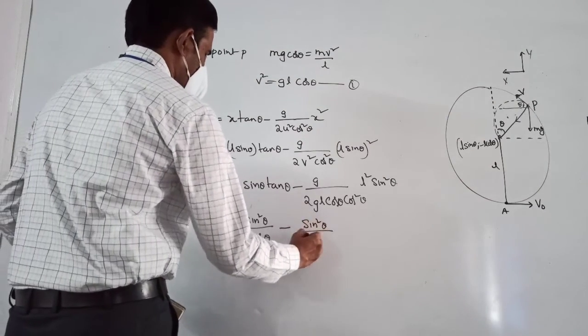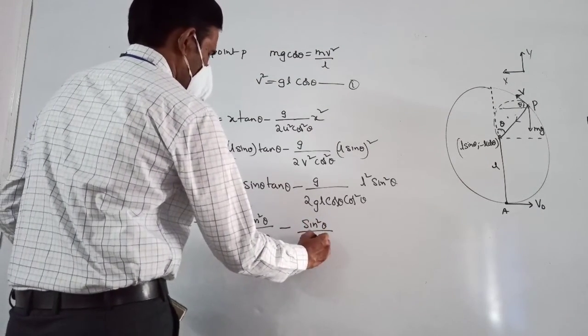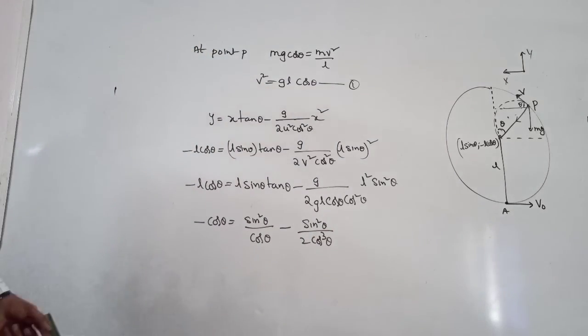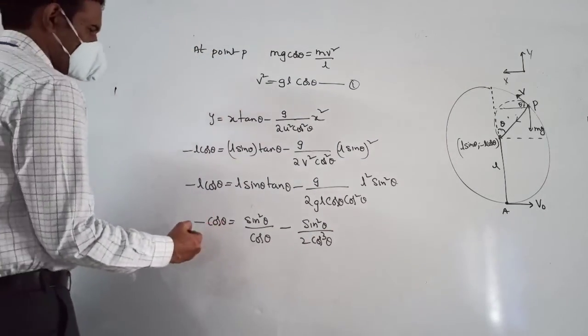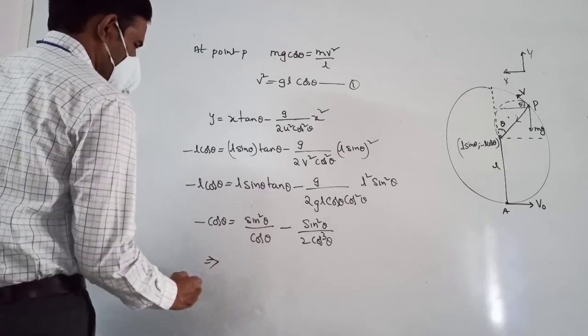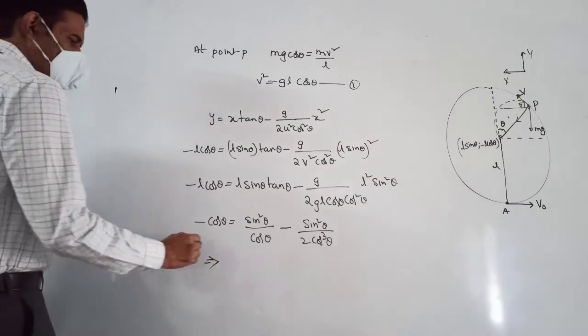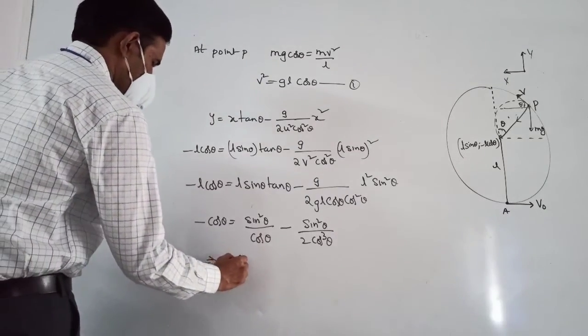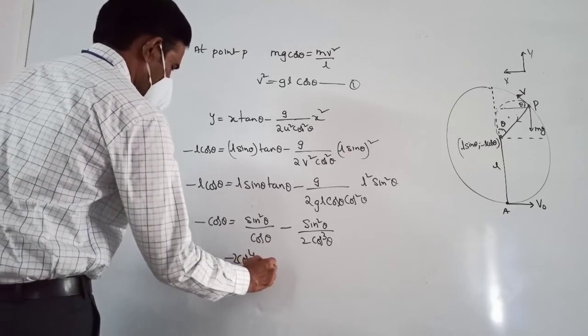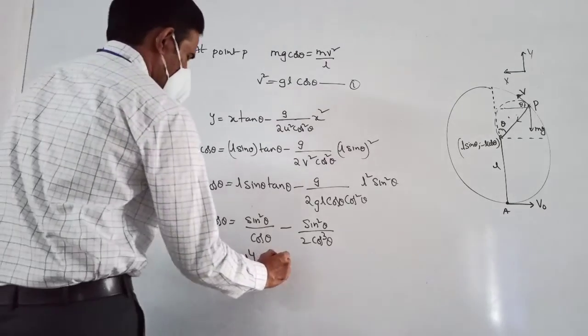Take the LCM and write, and you will get a quadratic equation here. So we can write this as minus 2 cos power 4 theta is equal to sin square theta into 2 cos square theta minus sin square theta.